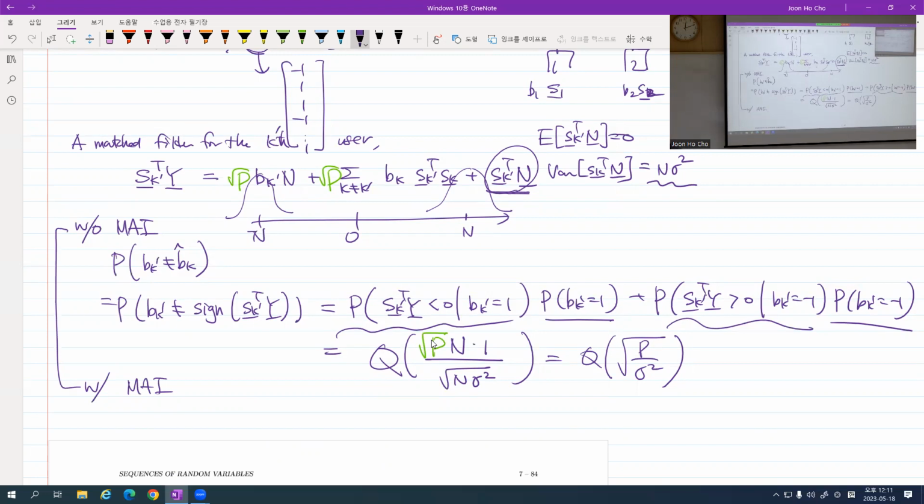And then we scale, go back to that one, and invoke Gaussian approximation. So what we do is that we compute the mean and variance of this one. Mean is, of course, 0. What is the variance, by the way? What would be the variance? So here K and K prime are different. You have either 1 or -1 in the K prime vector, Sk prime, and you have either 1 or -1. If you multiply, it becomes either 1 or -1.